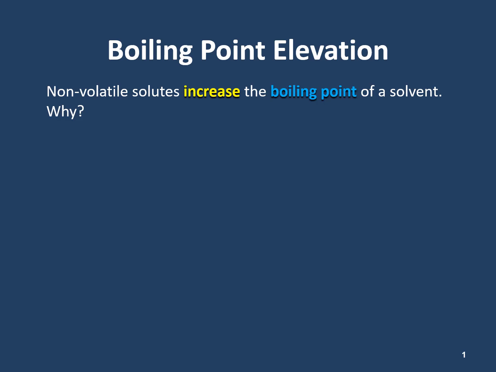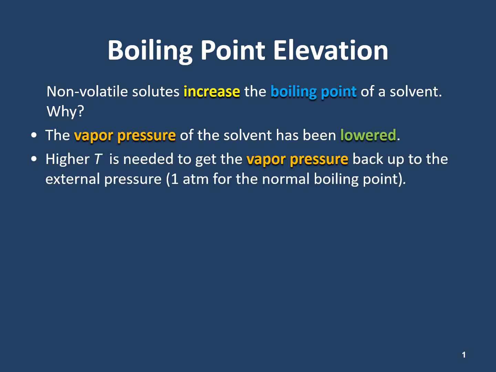Now, we know from our previous videos that the vapor pressure will decrease when we add a solute to our system. Now, boiling point, if you don't remember from Chem 1A, is when the vapor pressure of our solution or substance is equal to external pressure.